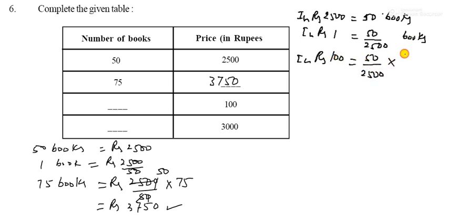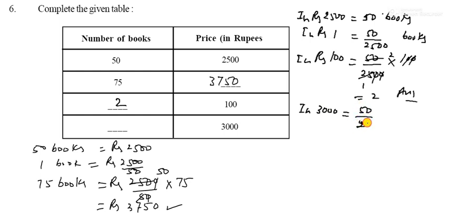And what about in how much? In 100 rupees. So you can write in rupees 100. So it is 50 upon 2500, into 100. So 0 will cancel out. So once 0 also cancels out, and 15 1 ja 15 and 15 2 ja. So it is 2 only. So answer is 2. So you can write here 2.